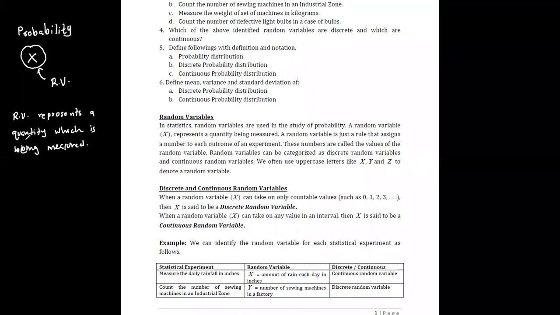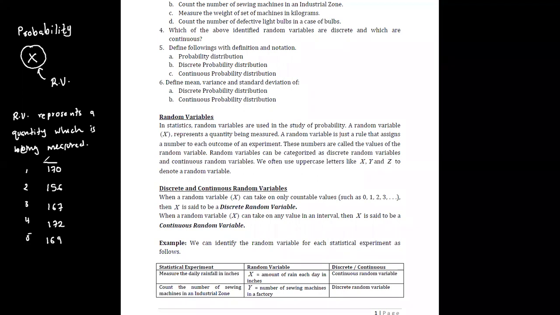As an example, we can think of it this way. Suppose I am measuring the heights of students. There may be student 1, student 2, student 3, student 4, and student 5. If I write down the heights of these students, for the first student I got 170 centimeters, then 156 centimeters, 167, 172 centimeters, 173, 169 centimeters.